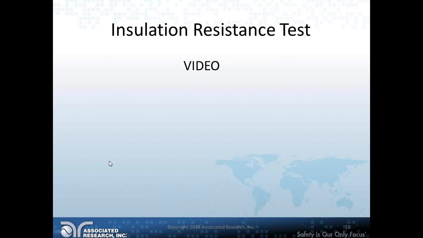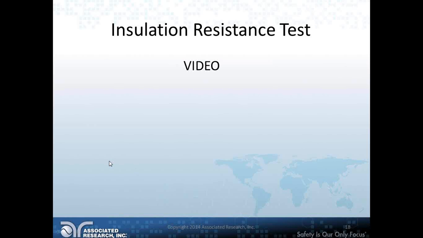A few other considerations when performing insulation resistance tests are, for example, the accuracy of the test. When performing an insulation resistance test, accuracy plays a big part. For this reason, it is very important to keep the test conditions during the insulation resistance test as stable as possible each time the test is performed.